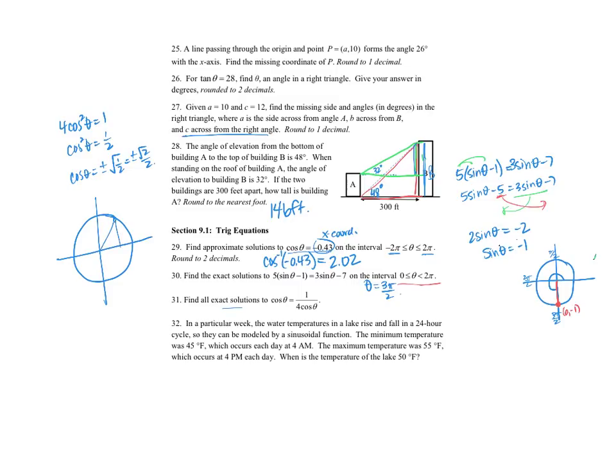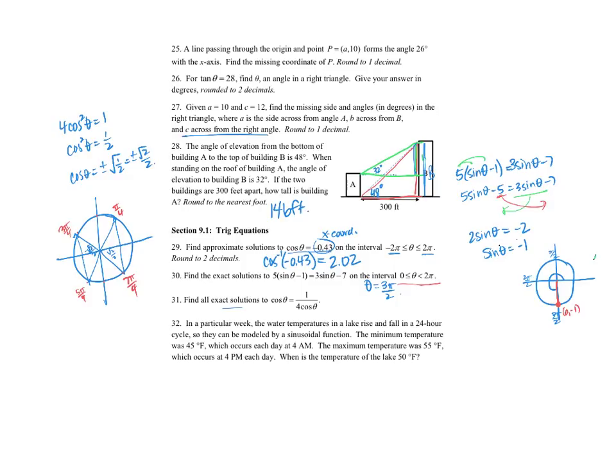So I'm looking for all the angles that have x coordinate square root of 2 over 2, or negative square root of 2 over 2. And what I get is 4 angles. And if you've spent some time with your unit circle, you know that that happens at pi over 4, 3 pi over 4, 5 pi over 4, 7 pi over 4 are my angles between 0 and 2 pi.